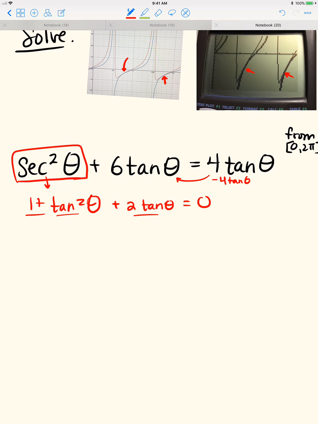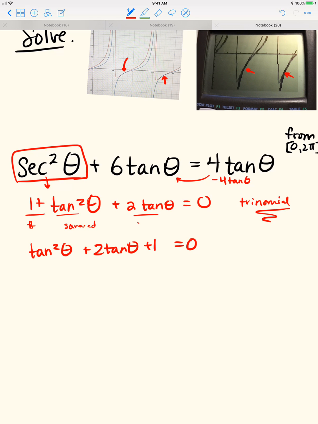And now I have 3 terms, a number, a squared term, and a non-squared term where the exponent is just 0. So I do have a trinomial, 3 terms, and I am going to try to factor it. I'm going to rearrange the order of these terms as the squared first, plus the 2 tangent theta plus 1, just so for viewing purposes it's easier to look at factoring.